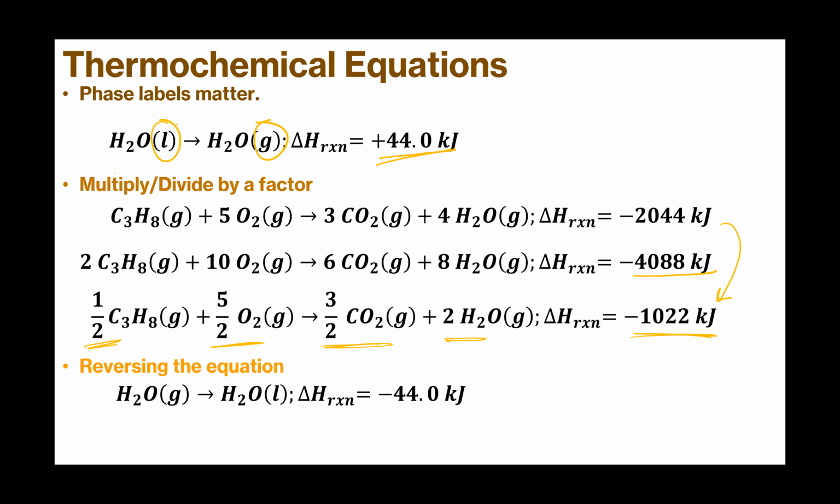If we take our initial equation with water and instead of evaporating it and going to a gas, we're going to condense it and go to a liquid. The number is the same number of kilojoules, but we're going in the other direction. Direction changes, so we're going to flip the sign.